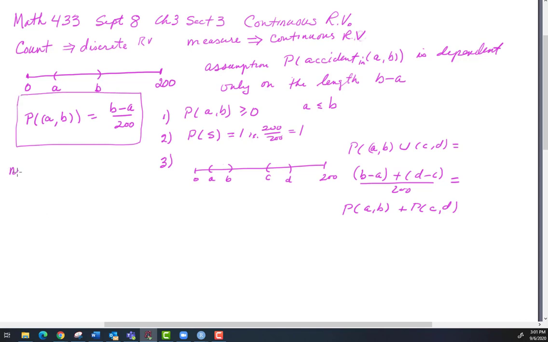We want to note that we can calculate probability for any collection of unions or intersections of intervals.